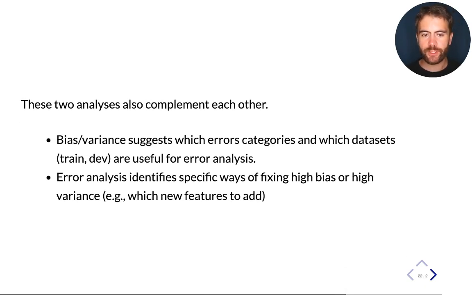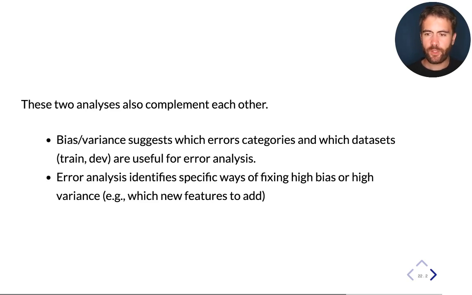And so if you're wondering when you should be using either of these two methods, the answer is that you should be using both of them, and they are complementary in many ways. For example, by performing bias variance analysis, we can identify the main error categories and which data sets are useful for error analysis.